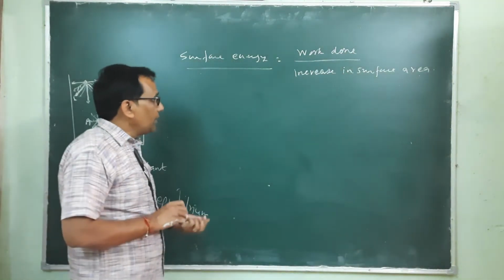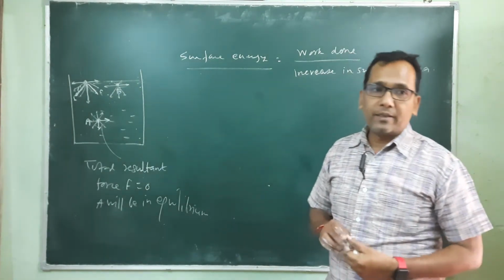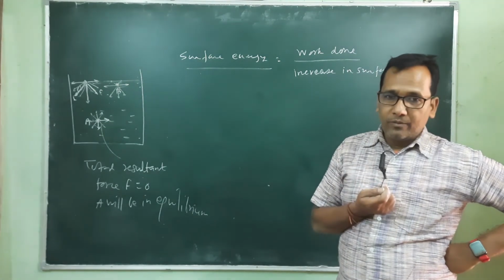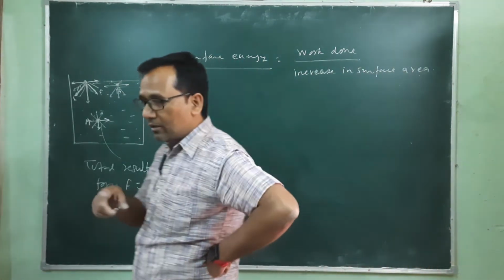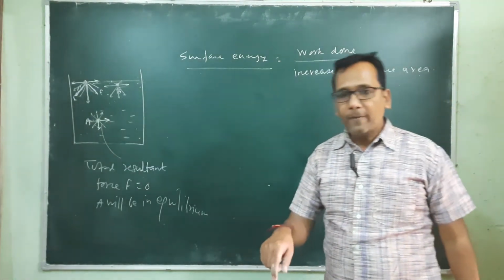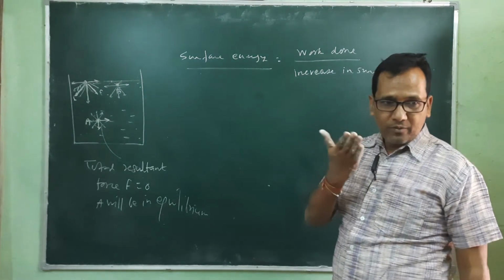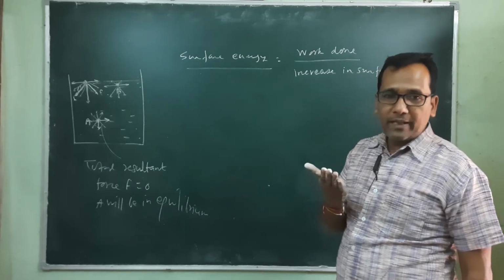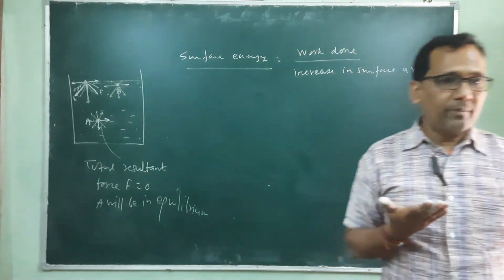So let us have some mathematical terms also, with the soap bubble case. If we dip a circular ring inside the soap solution, then when we take it out, a simple thin film is formed, and on the surface of that thin film surface tension can be defined.